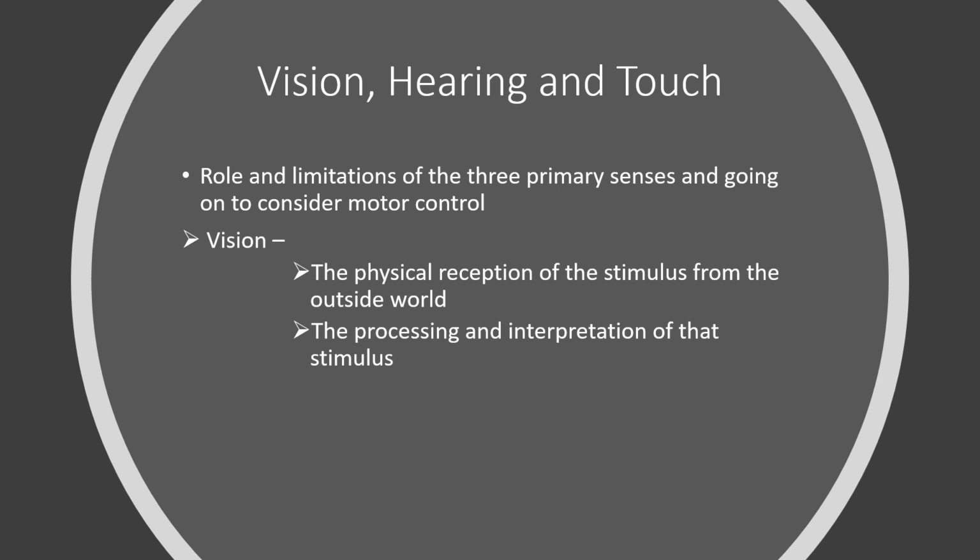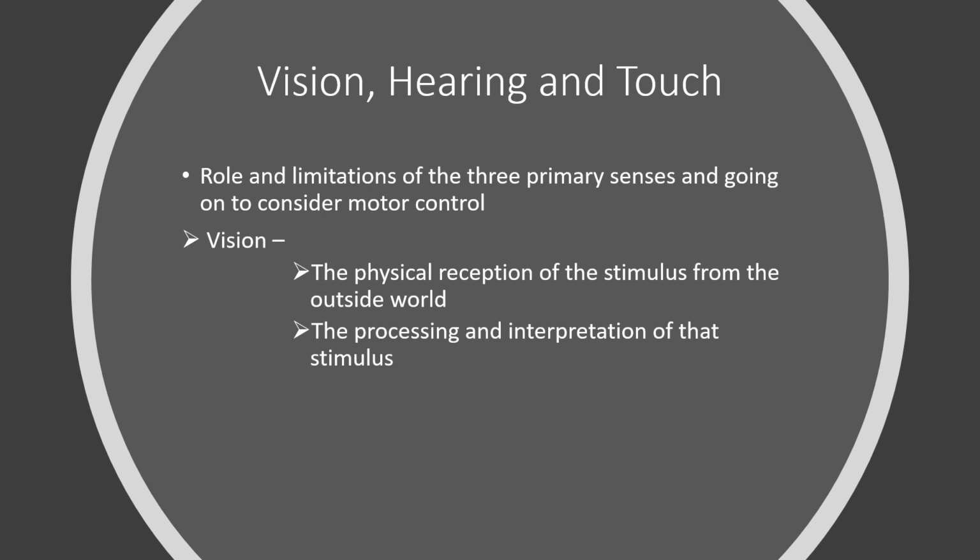Starting with the vision. Human vision is a highly complex activity with a range of physical and perceptual limitations. Yet, it is the primary source of information for the average person.